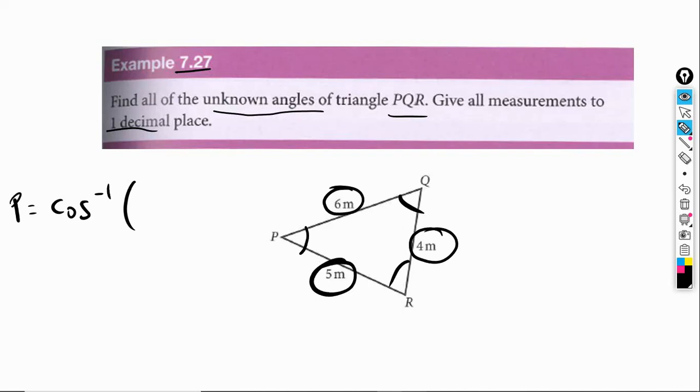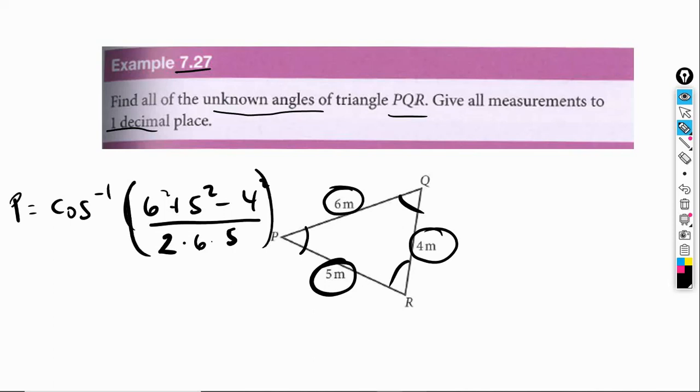So P would equal the inverse cosine of A squared plus B squared minus C squared divided by twice A times B. And if we plug this in the calculator, it's going to give us that P is approximately 41.4 degrees. So that means that we have angle P and that it is 41.4 degrees.